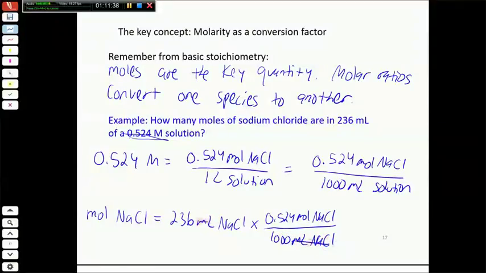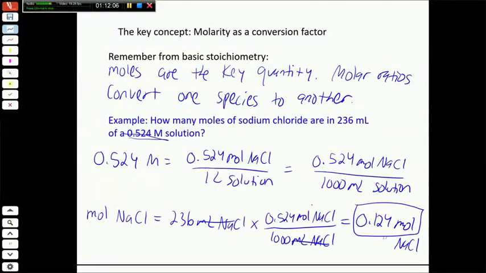So milliliters cancel out, and that gives us a molar amount of 0.124. Okay? So this is really the only thing that we're going to introduce as a new concept when we're doing solution stoichiometry problems, is that when we're finding the moles of a reactant or a product, in many cases we're going to use molarity as a conversion factor that allows us to go between volumes of solution and moles. Other than that, everything is pretty much identical.